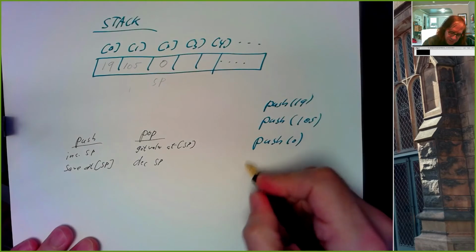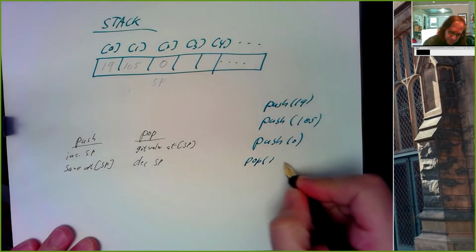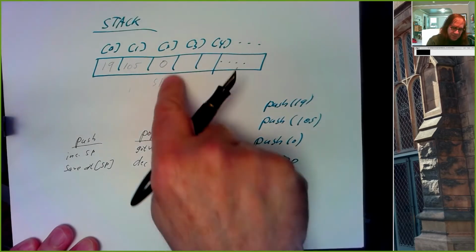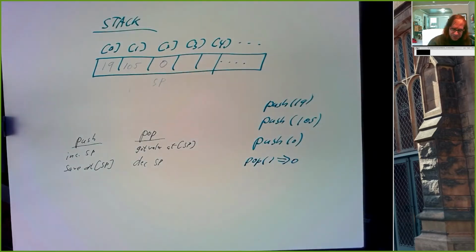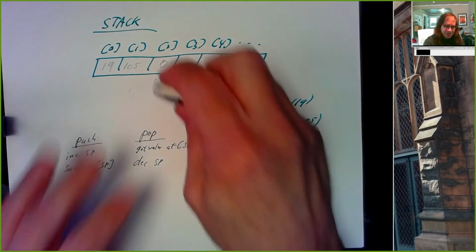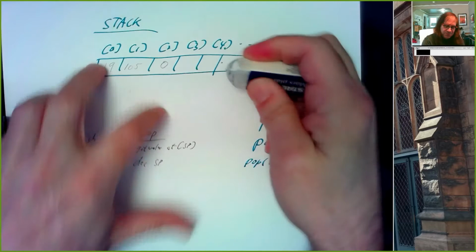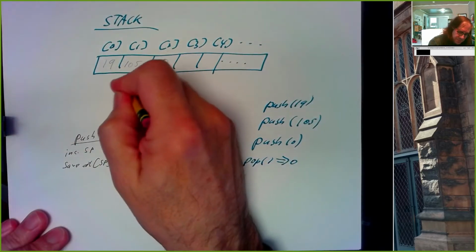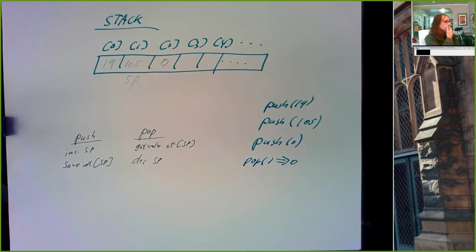So if we call pop, that's going to get the value at the stack pointer, which is a 0, and then decrement the stack pointer. So SP will go back to here. They just complement each other. Push and pop. Pop undoes the effect of a push.